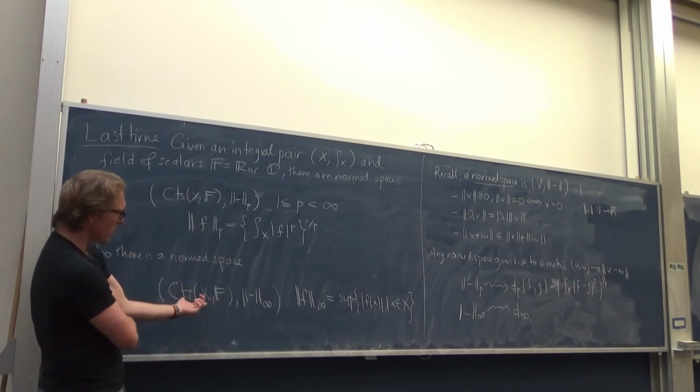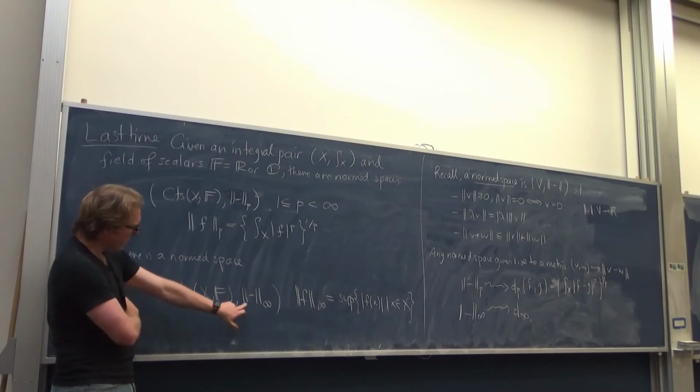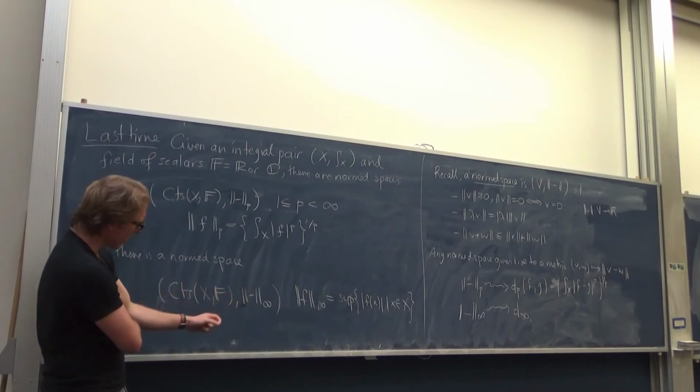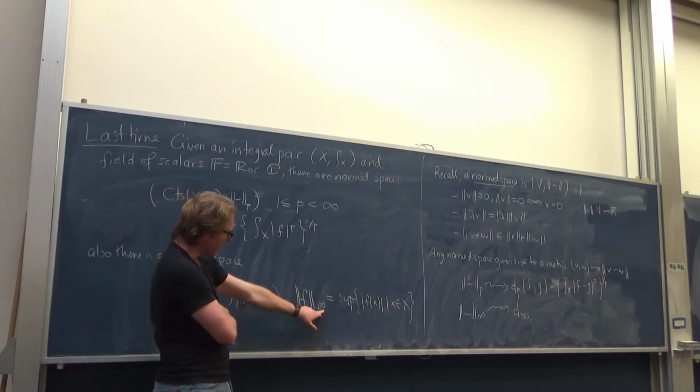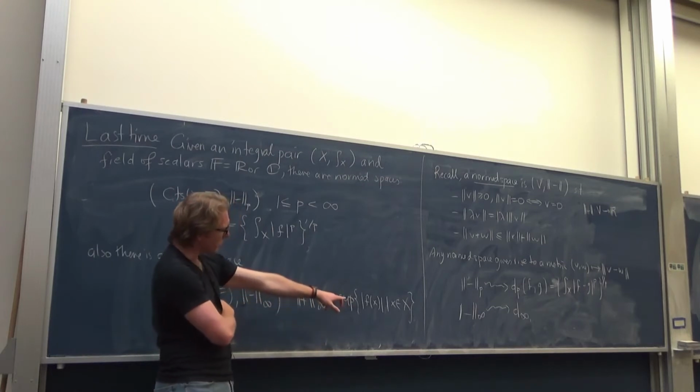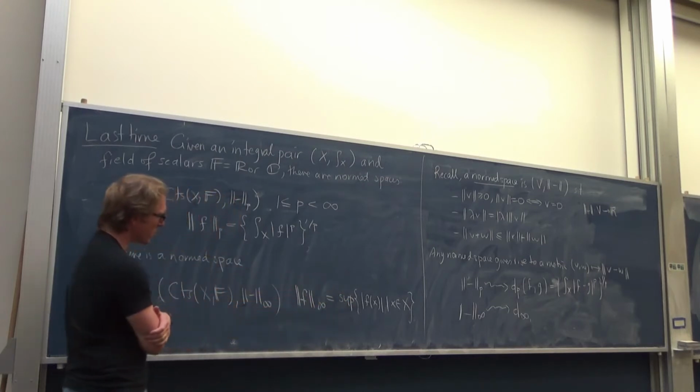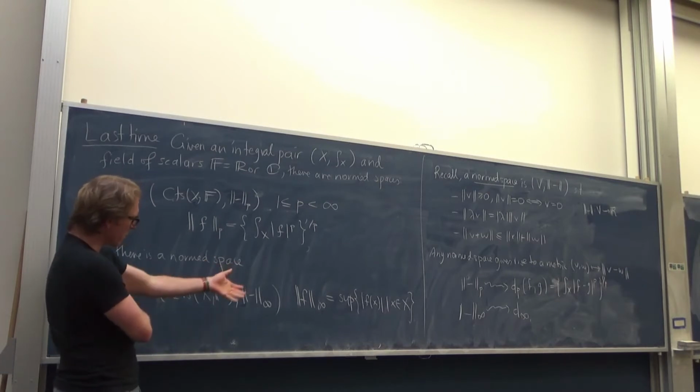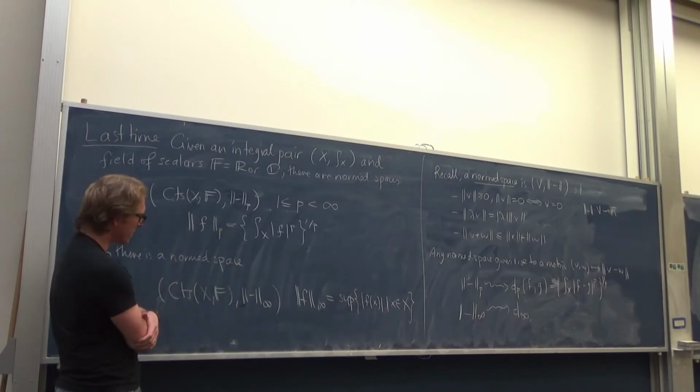And taking p equals infinity works as well. If you take the infinity norm, I didn't discuss this last time, it's an exercise, so just define the infinity norm to be the thing you'd expect. It's the supremum of the absolute values. And that's bounded for the usual reason, because X is compact and f is continuous.